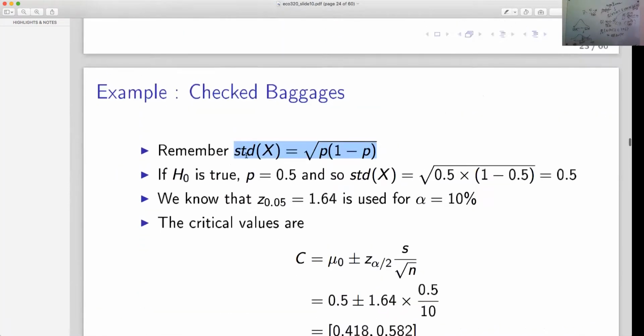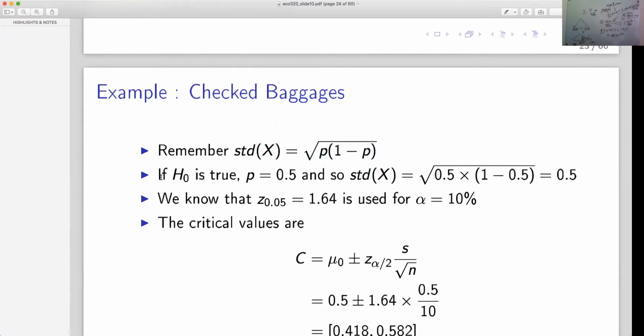I know variance is P times 1 minus P, and standard deviation is the square root of P times 1 minus P. I explained it in detail in chapter 5, and in the previous chapter. At this point, you should know what standard deviation or average is. The mean is just P, right? But variance is P times 1 minus P.